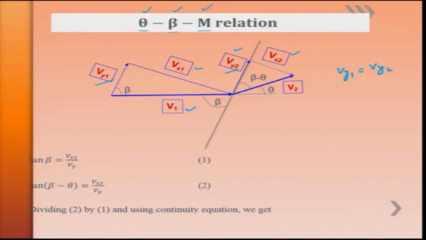By this diagram itself we can note that Vx1 reduces to Vx2, that is, the Vx1 component of the velocity is greater than Vx2.